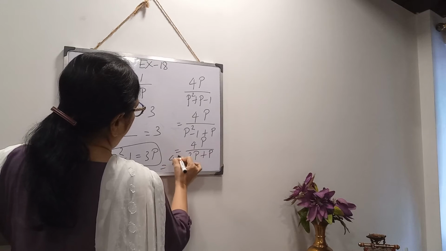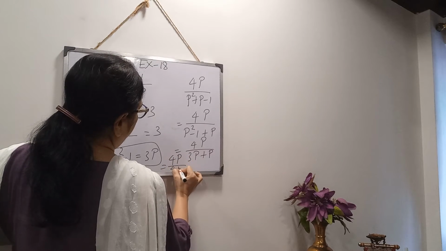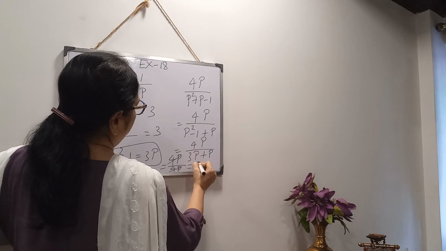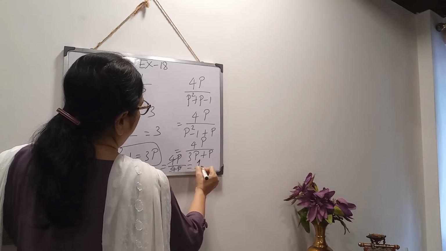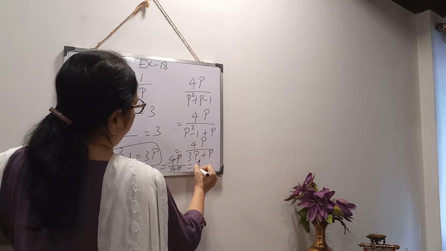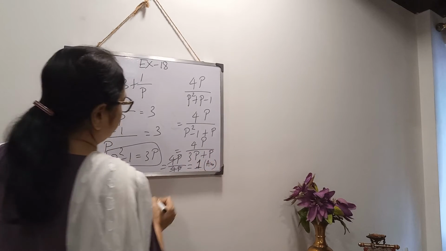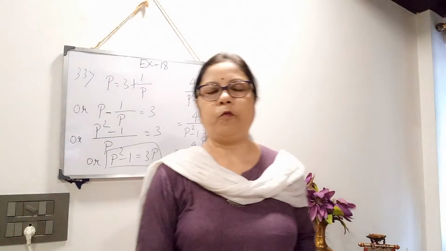So 4p by 4p. Again I am telling you, if the whole will be cancelled out, don't write 0 in the answer. Answer will be 1. This is division. This divided by this means 1. In case of subtraction, you can write 0: 4p minus 4p is 0. But 4p divided by 4p is not 0. It is 1.